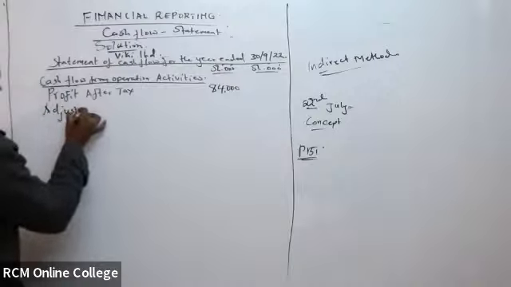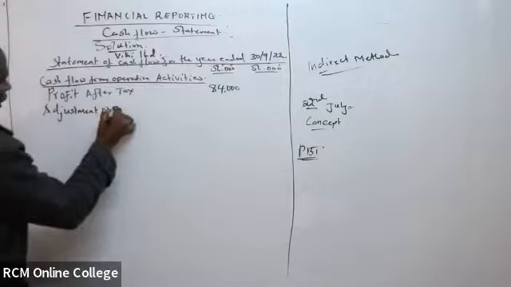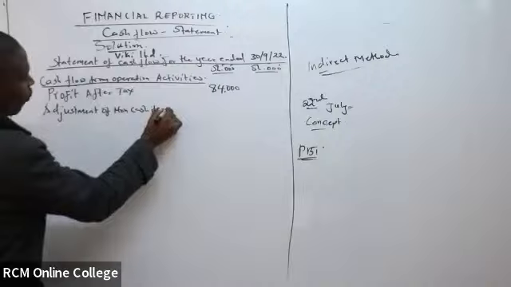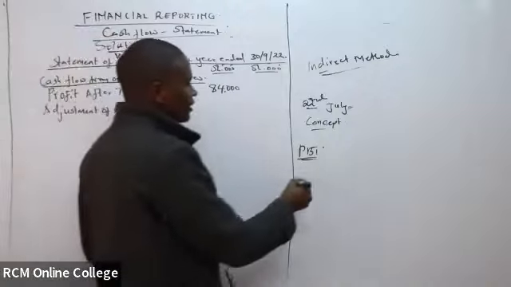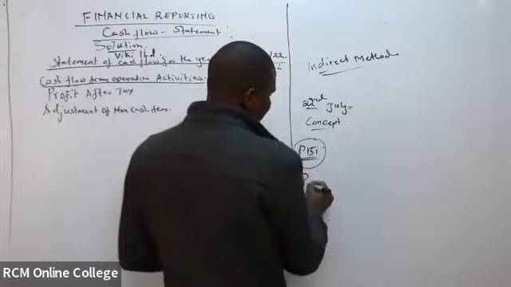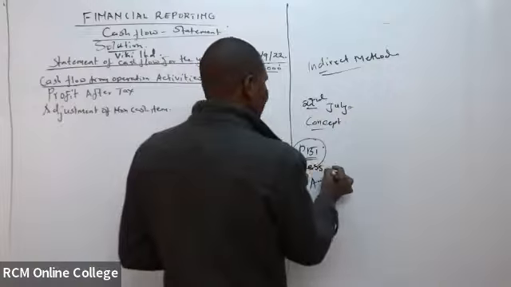Non-cash items. Adjustment of non-cash items. Now, because I wanted profit before tax and I have been given profit after tax, that means there was tax here.